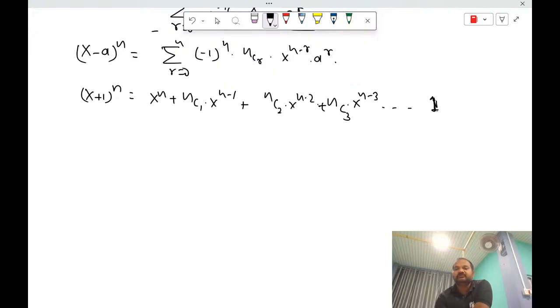So the last term will be 1. In summation form, this is sigma r equals 0 to n, nCr into x to the power n minus r.